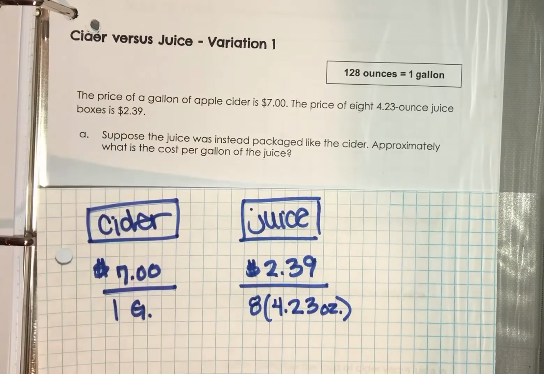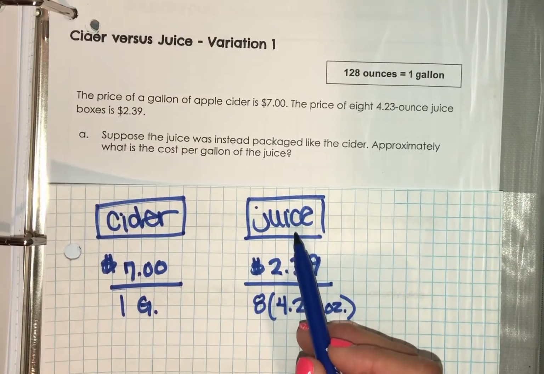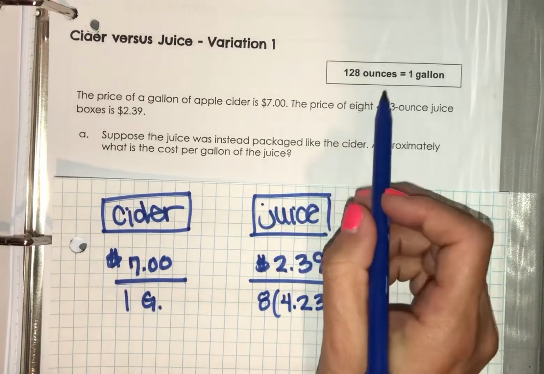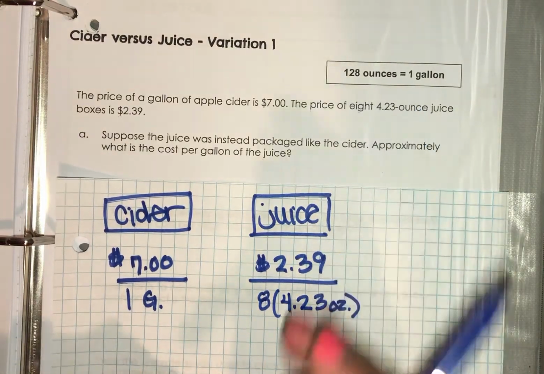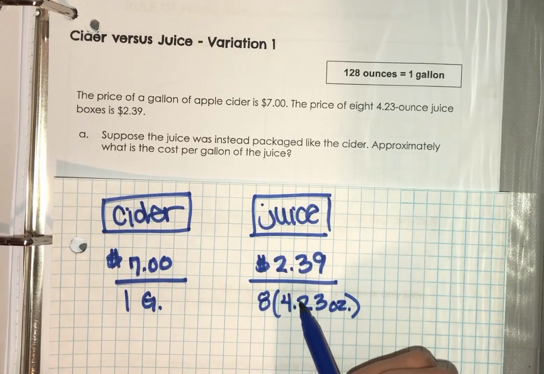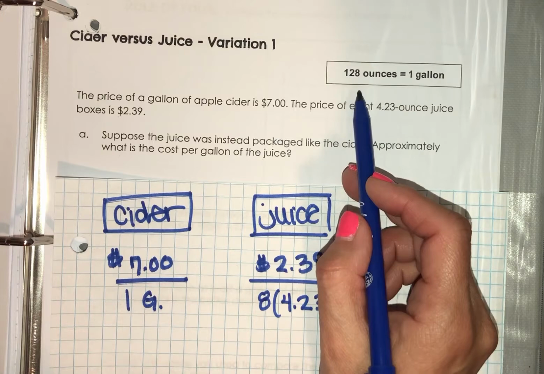So suppose the juice was packaged like the cider. What is the cost per gallon of juice? Well, up here, it tells us that 128 ounces is 1 gallon. So we want to find out the price of the juice if it was packaged like a gallon, which is 128 ounces.